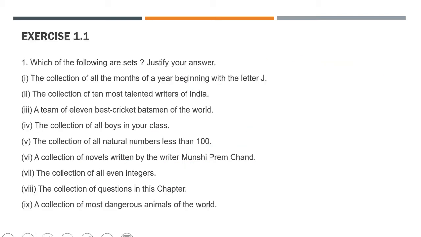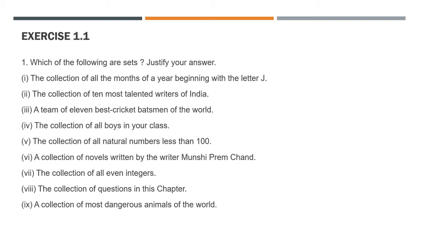Next we will go on with our exercise question. The first question, which of the following are sets? Justify your answer. First question says, the collection of all months of a year beginning with the letter J. Do you know the various months of the year?